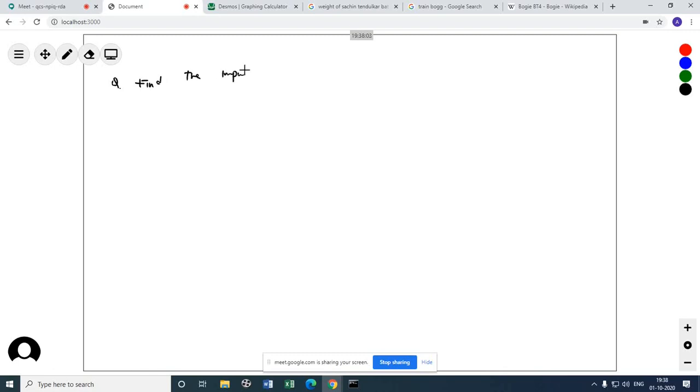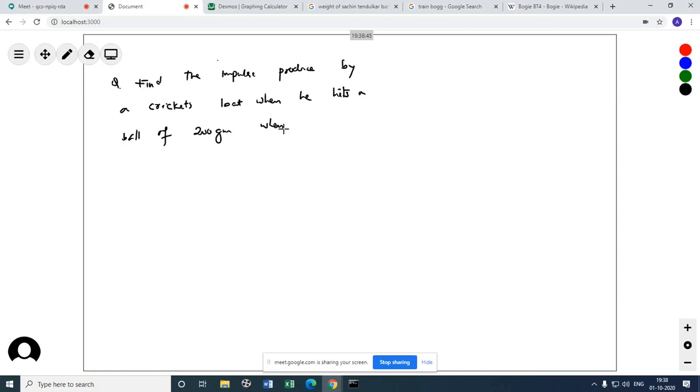Find the impulse produced by a cricketer's bat when he hits a ball of, how much do you think is the weight of a ball? 150 gram to 200 gram? Ball of 200 gram.